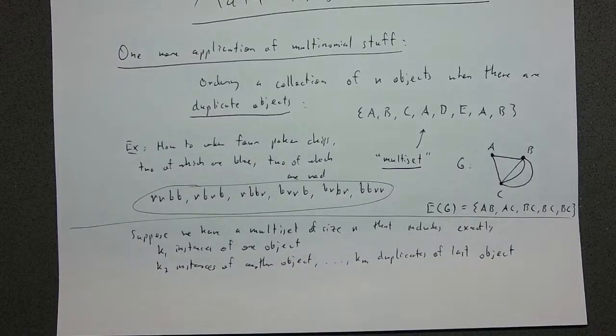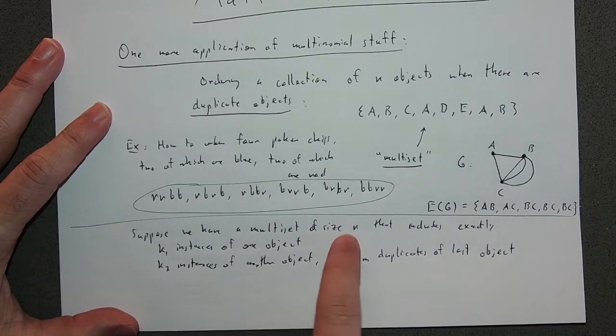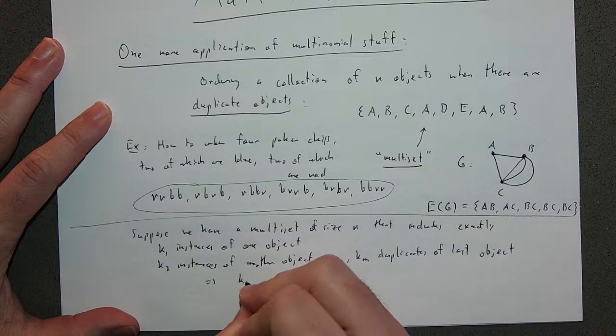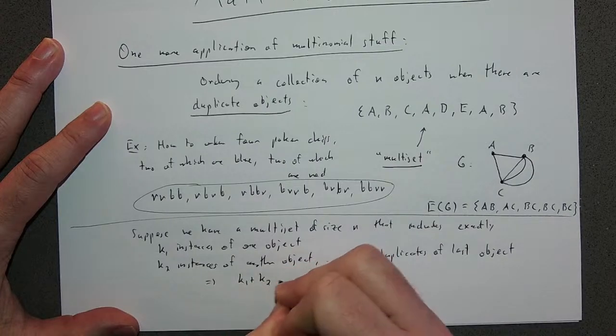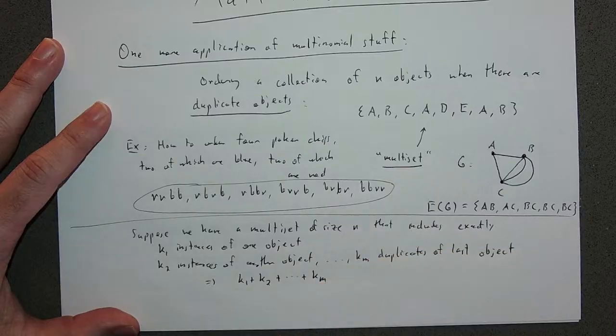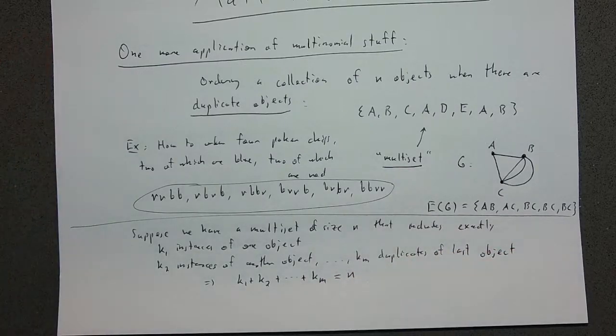Okay, so maybe you say there are m total objects, right? But we have a multiset of size n so that the number of each type of object, of which there are m types, sums to n.